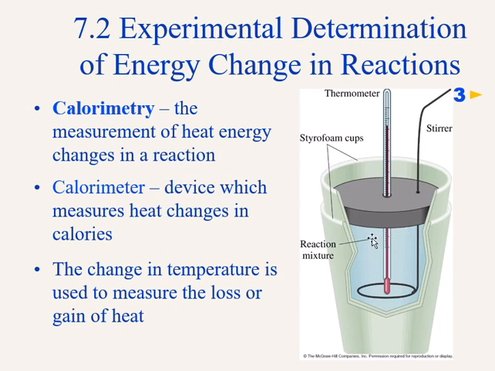Now, why do we use the styrofoam cup? Because a styrofoam cup is a very good insulator. It will not cause the heat to be lost from the sides. We don't want that to happen. We instead want to measure the heat directly as the reaction happens.